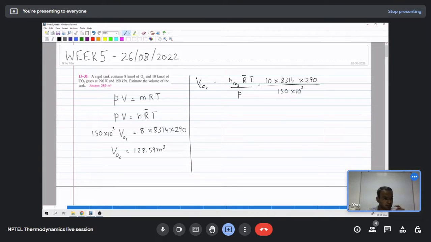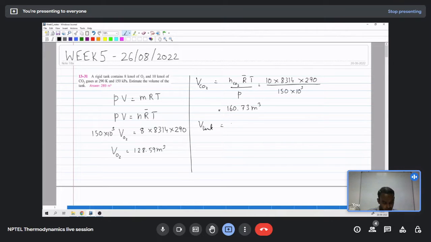Writing it in pascal, I have put 10 power 3. So this is calculated as 160.73 meter cube.